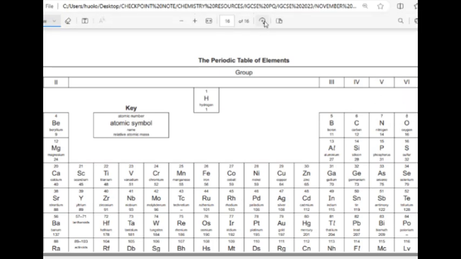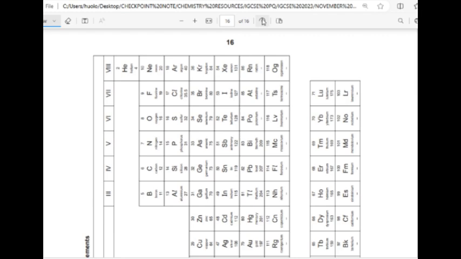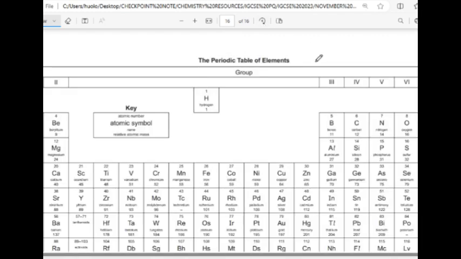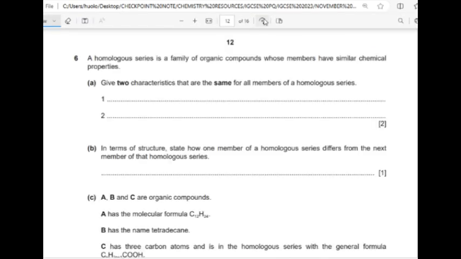Okay, so we've gotten that. So you always use your periodic table, it is part of your exam. Okay, so we rotate back and let's see how we can start answering our question.